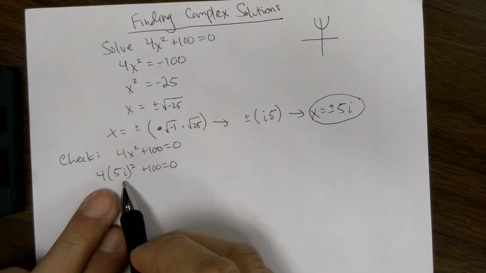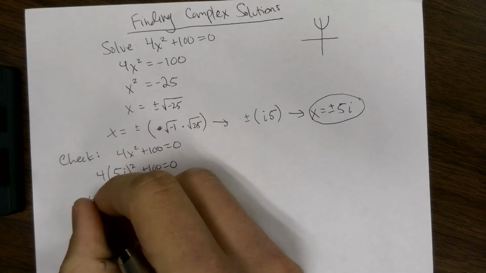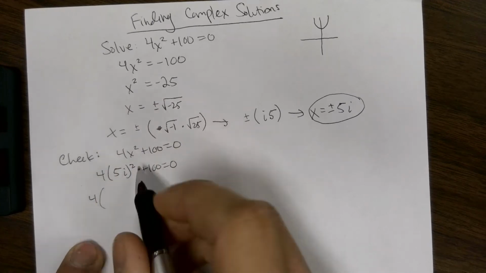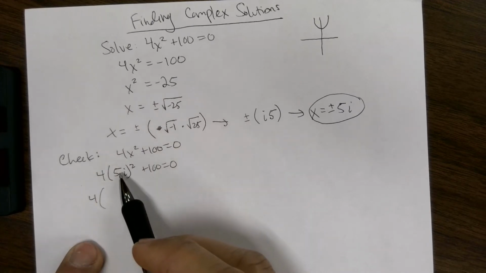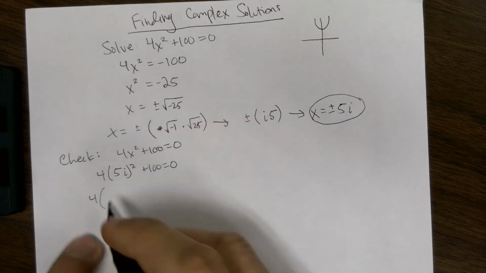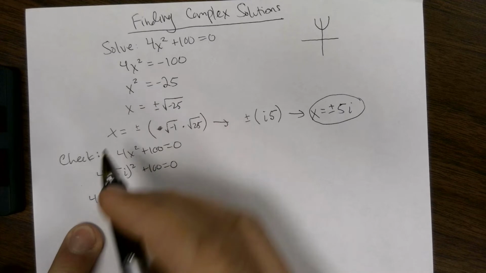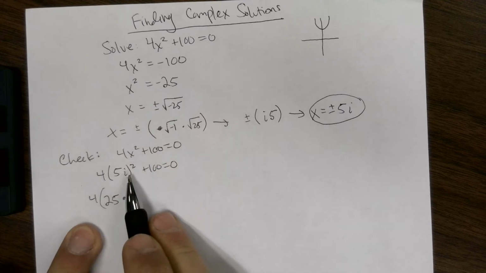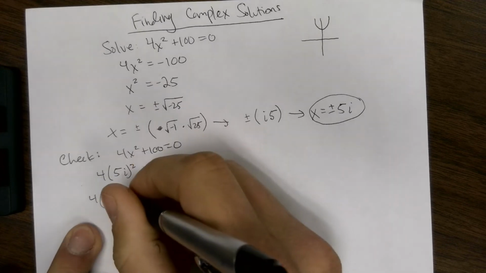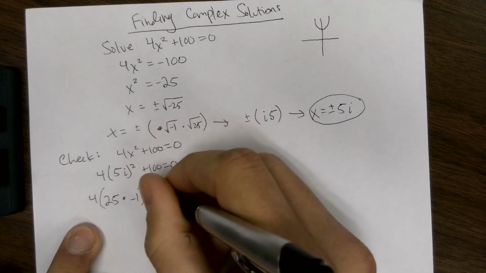Let's look at this here. The square is going to distribute to the 5 and the i. So I should have 4 times 25, that's 5 squared, and then i squared, remember, is negative 1, plus 100 equals 0.